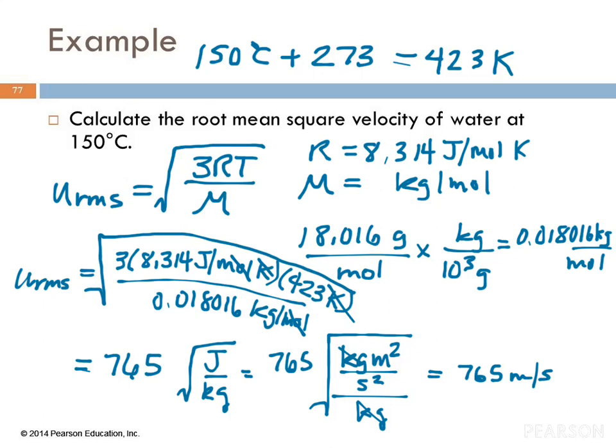It's hard to get meters per second out of liter atmospheres, and that's why we use joules. Physicists have a lot of fun with metric units. So, what do you need to know how to do with that?